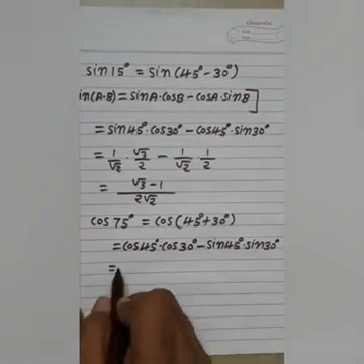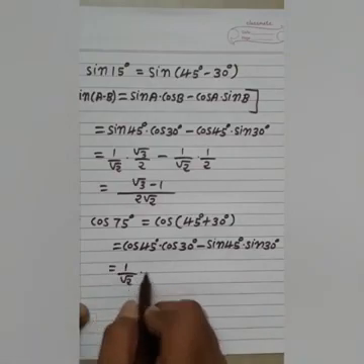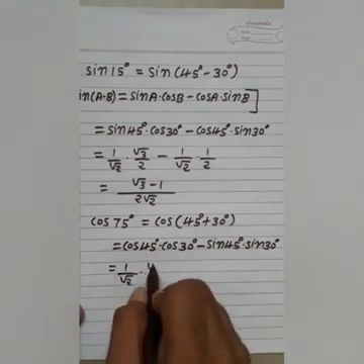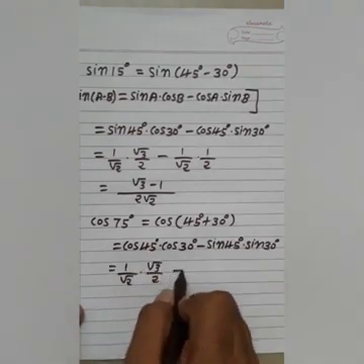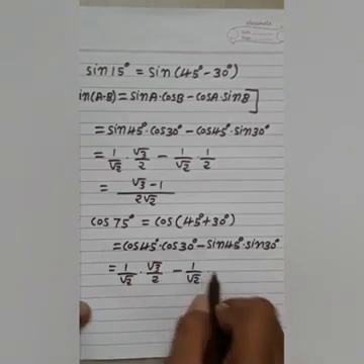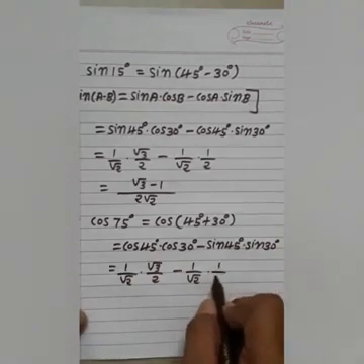So the value of cos 45 is 1 upon root 2, the value of cos 30 is root 3 by 2, minus sin 45 which is 1 by root 2, and the value of sin 30 is 1 by 2.